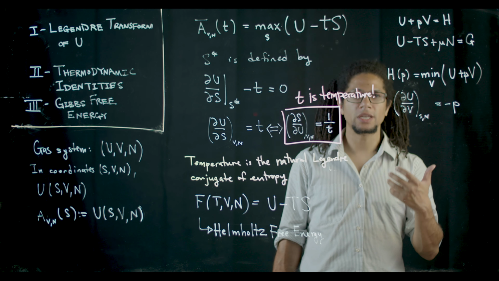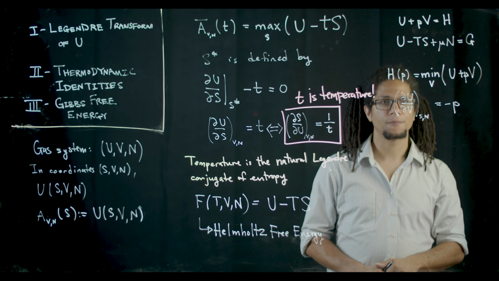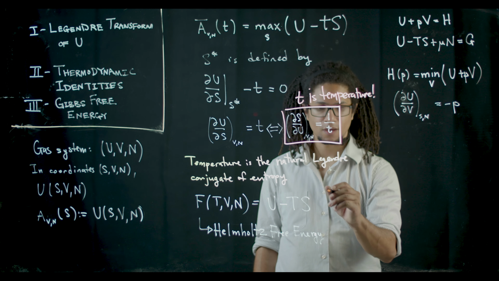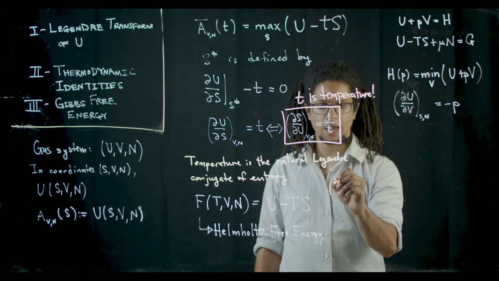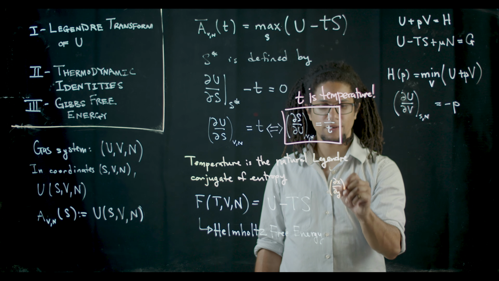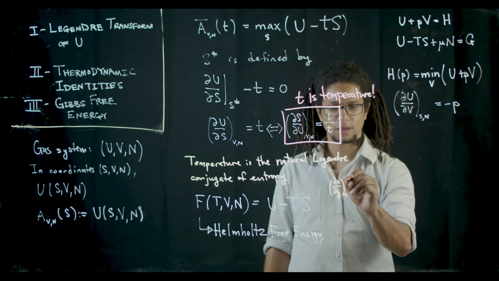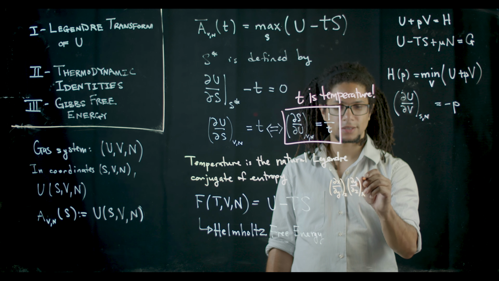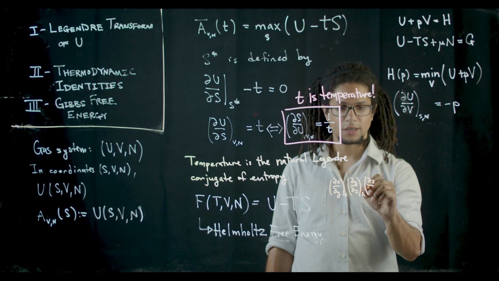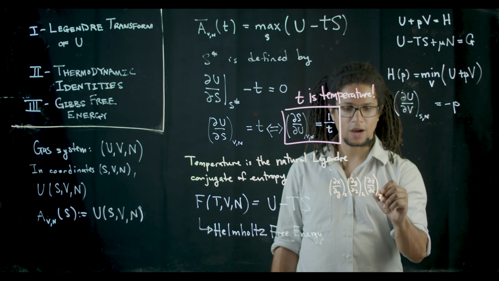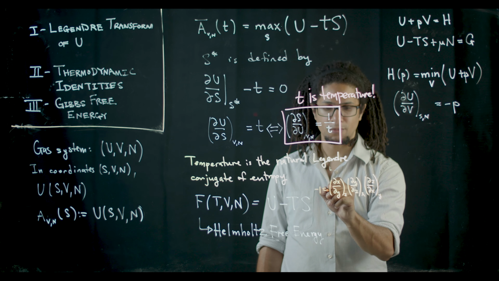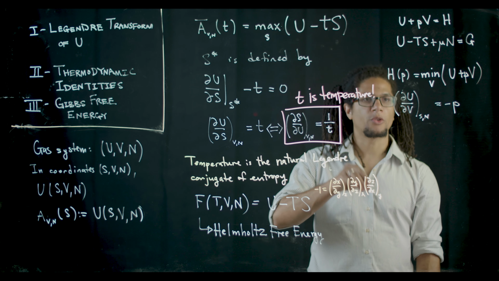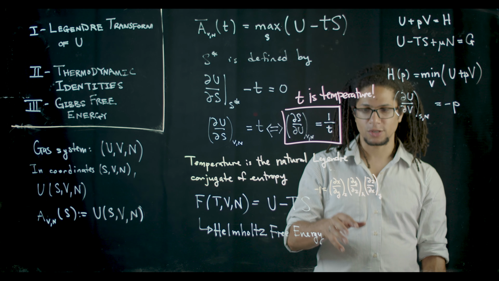And the answer is that we need to use the triple product identity. Recall that that's going to say that dx dy fixing z, dy dz fixing x, dz dx fixing y, all of that is equal to minus 1. So then what we would need to do is multiply some of these over to the other side.